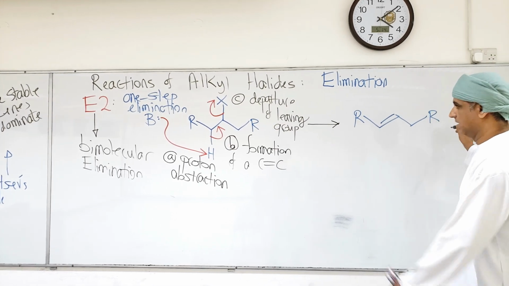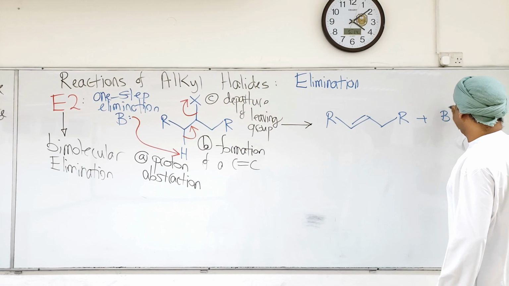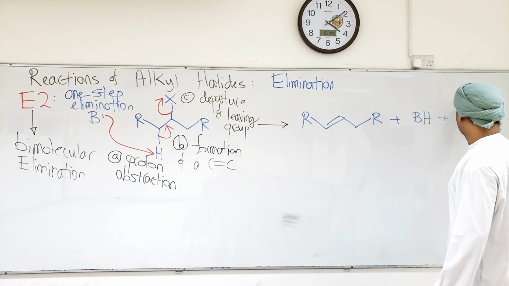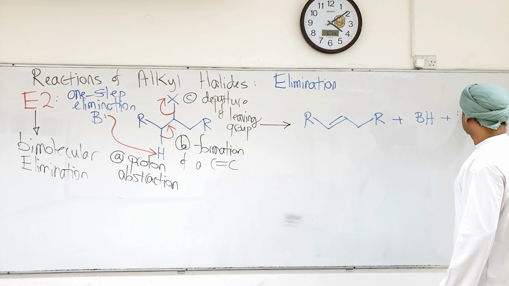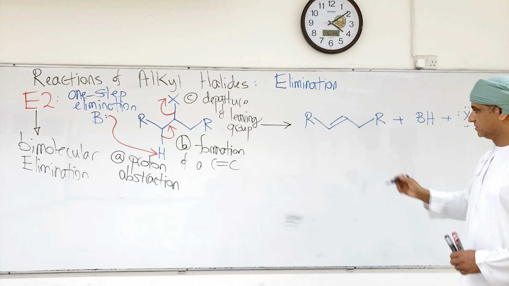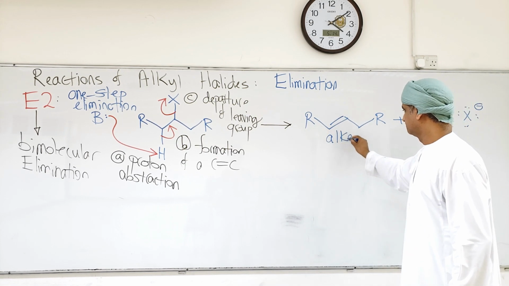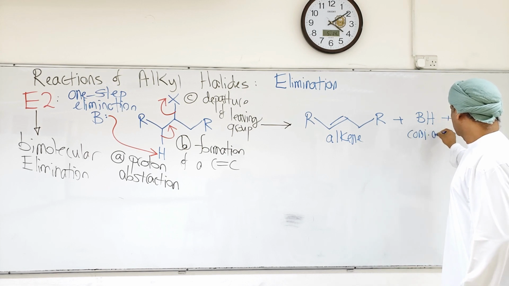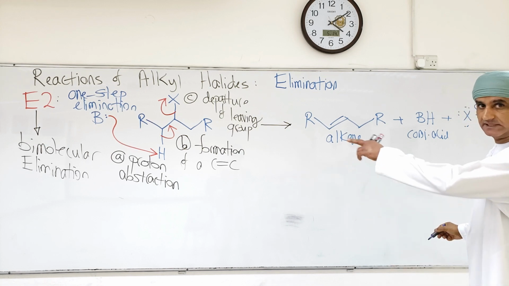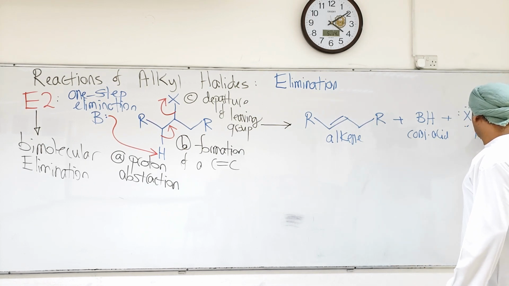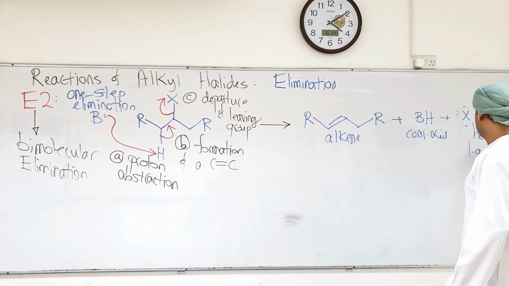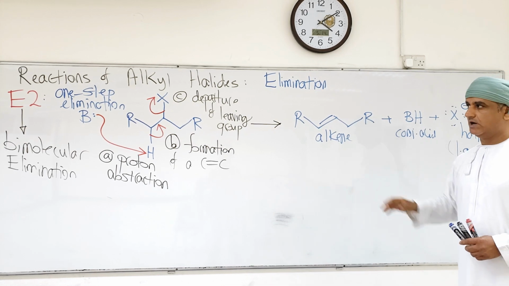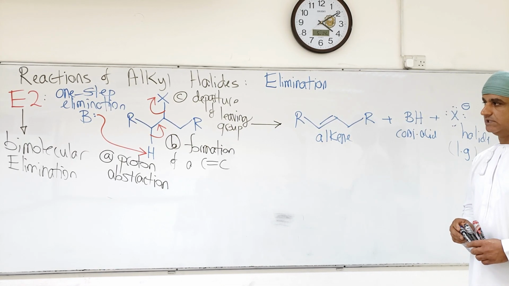This is the alkene plus, as you can imagine, BH, the conjugate acid of the base that is used, plus X minus, the halide, or you can also say the leaving group in general. So this is the reaction scheme of the E2 reaction, or E2 mechanism.